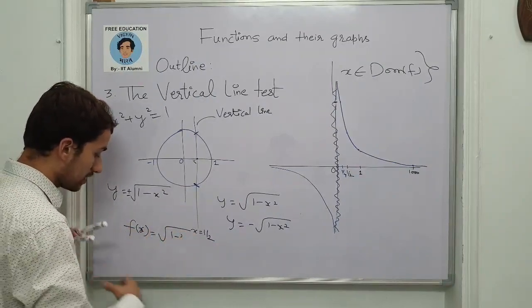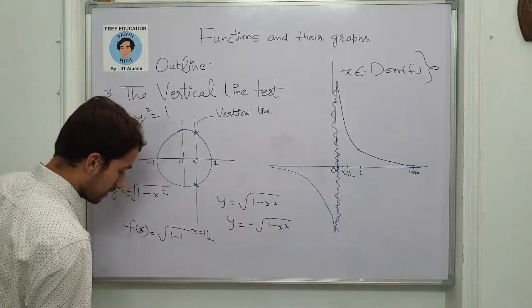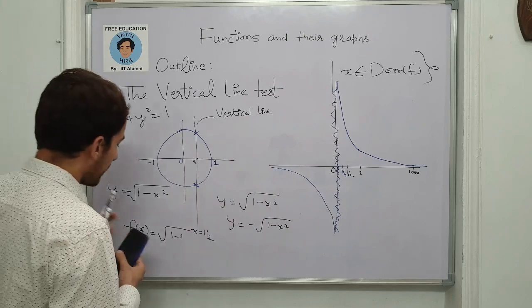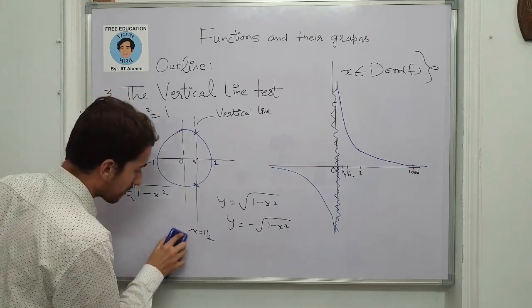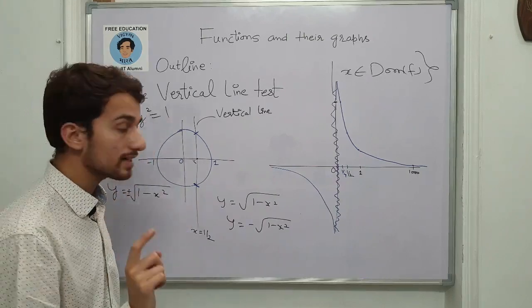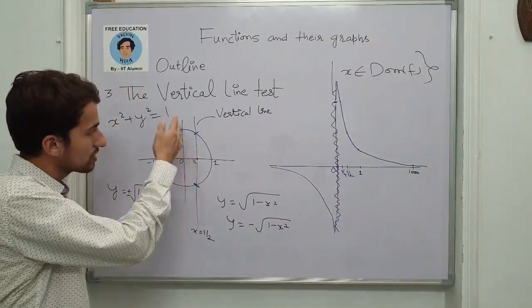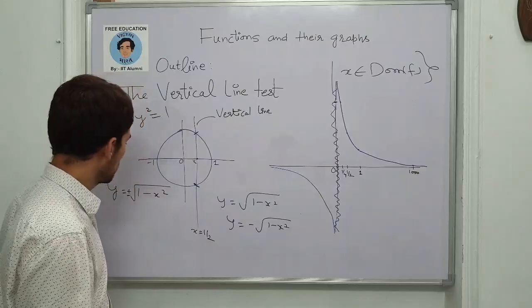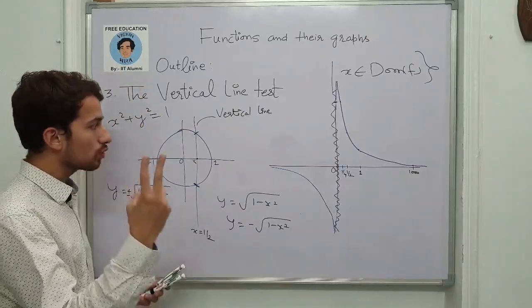Right now I'm not going to write this, because what I want you to observe first is that corresponding to this half, from this vertical line we find that this curve is not a function, because we are getting two values.